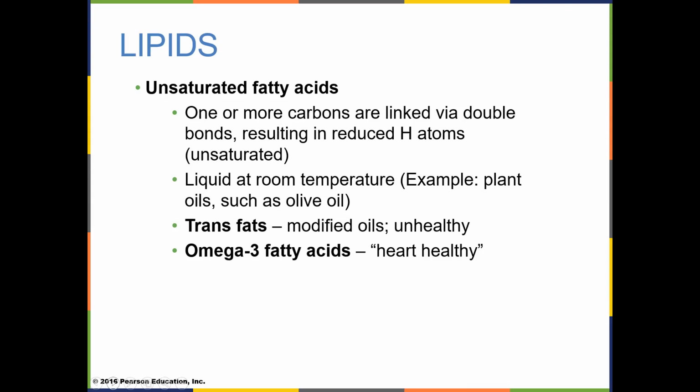So, for example, beef cattle and dairy cattle eat grains. They eat hay. They eat corn. They eat whatever cows eat. And the oils in those plants are all unsaturated.